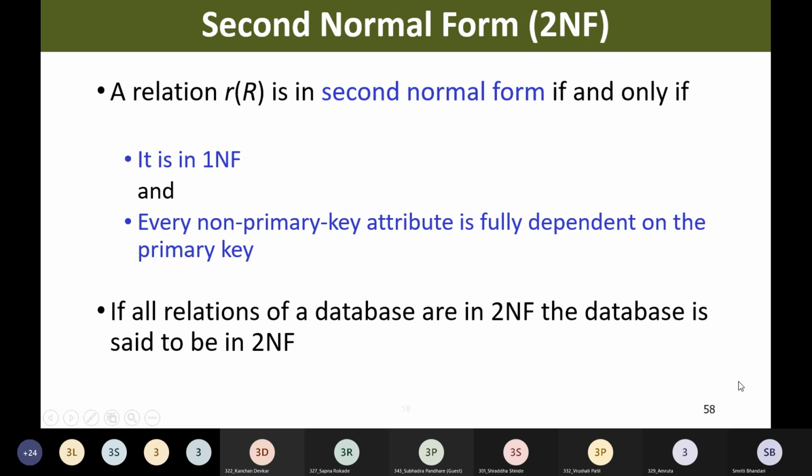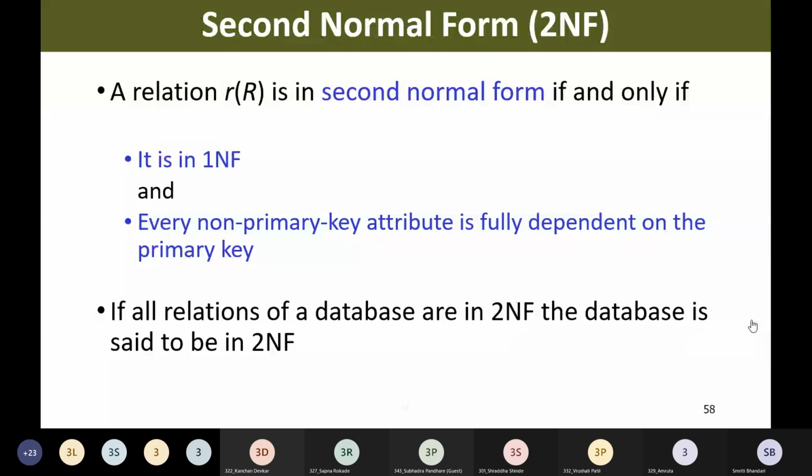And if all the relations of the database are in 2NF, the entire database schema is said to be in 2NF. So please note down this definition of 2NF.